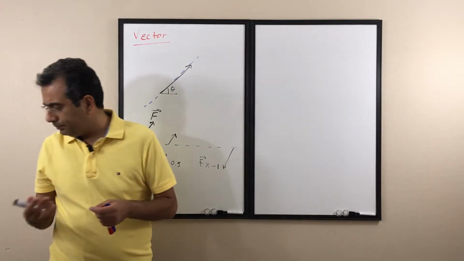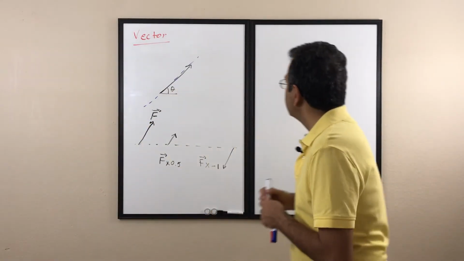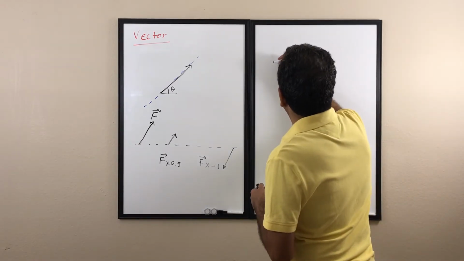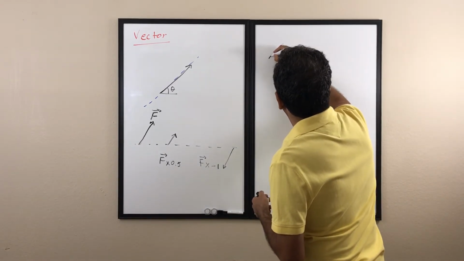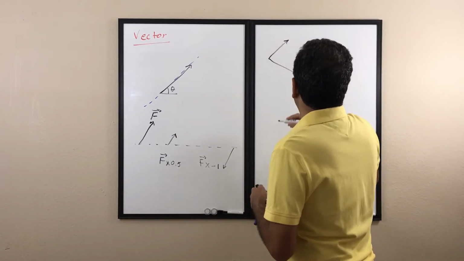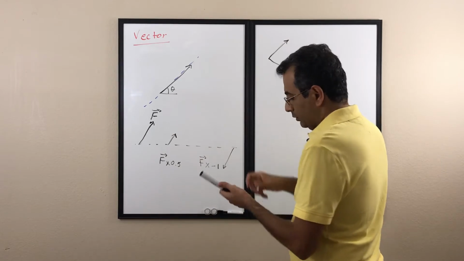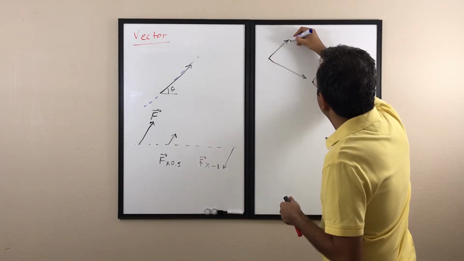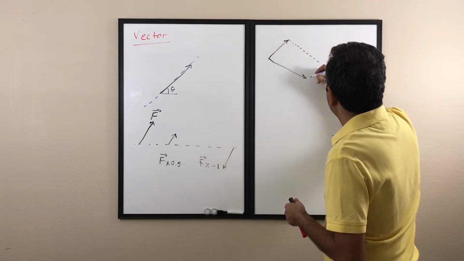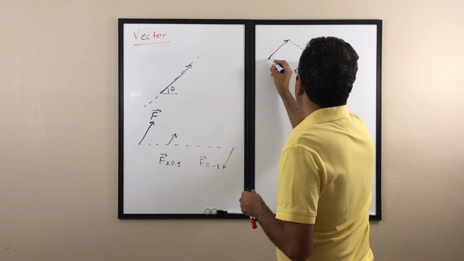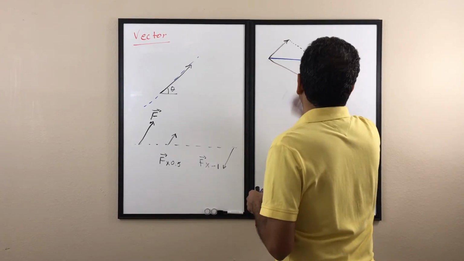The other part is how we are going to add two vectors together. To add vectors together, there are two different methods. One of them is, assume that we have two vectors like that. What we are going to do is draw a line parallel to each of those two vectors, and then we connect them.